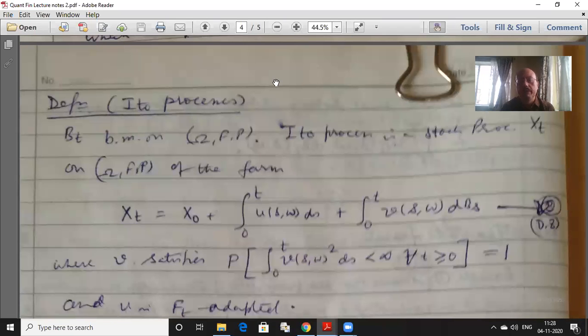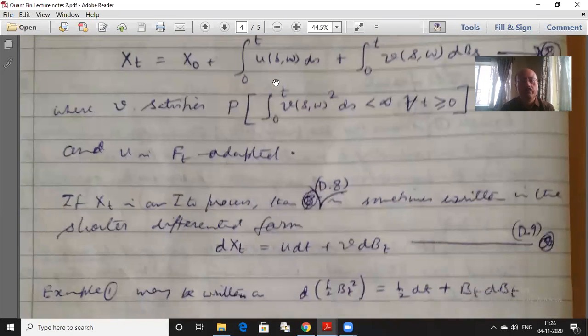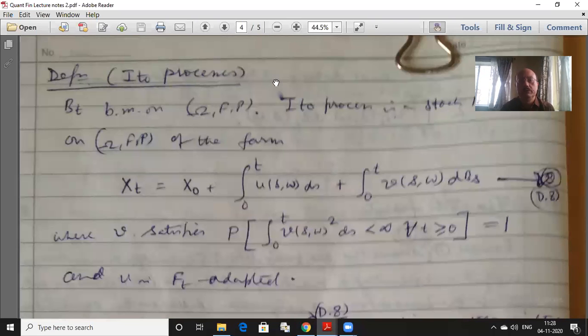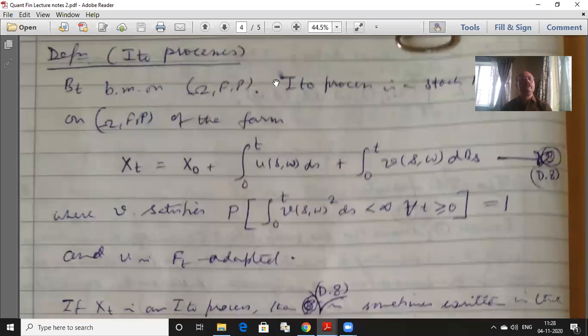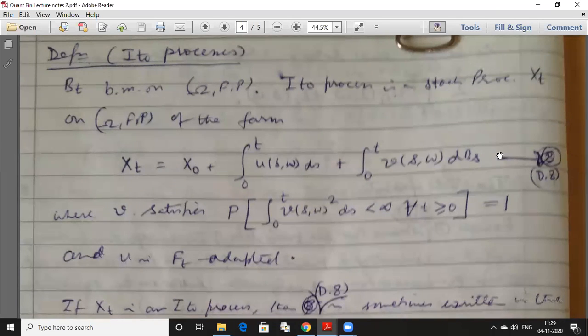So I'll just formally talk about the definition here and then stop. So the definition of an Ito process is the following. We have already understood the basic intuition, but let me just make it formal.